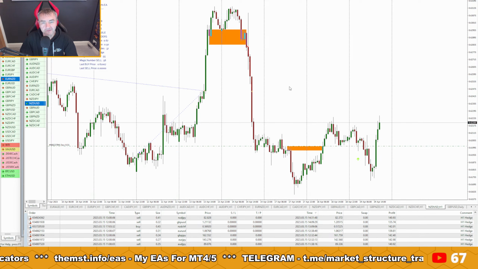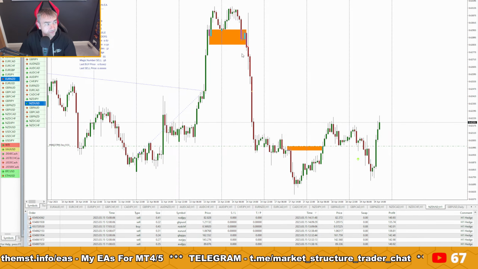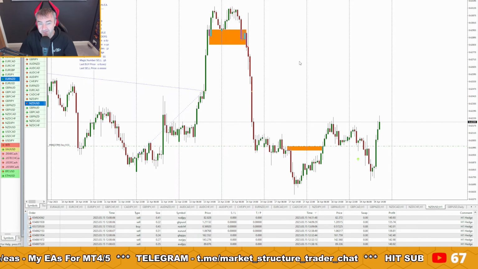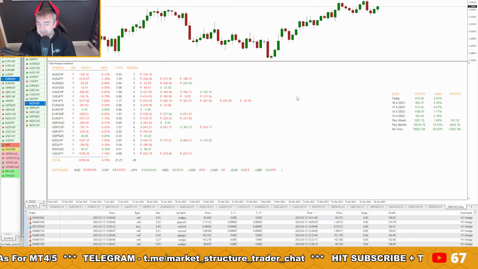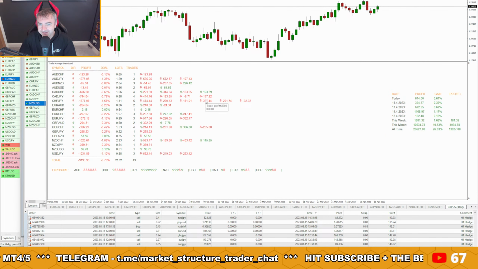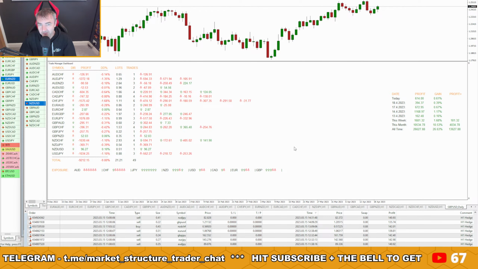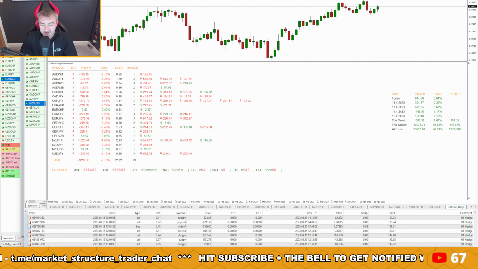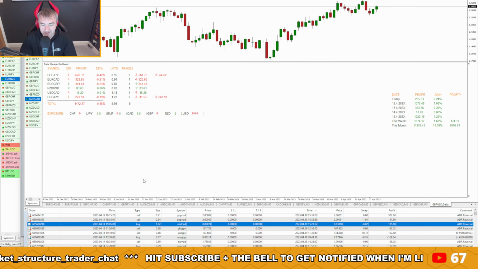This is the VPS, right? This is my VPS. Is this what you're talking about? Because this doesn't have that indicator on it. This is just the VPS, right? So this doesn't have it. Is that what you mean? I think I'm understanding now what you mean. This is a different computer in a different country running my EAs. This is not an analysis tool. This is for running the trades. So yes, this doesn't have it on there.